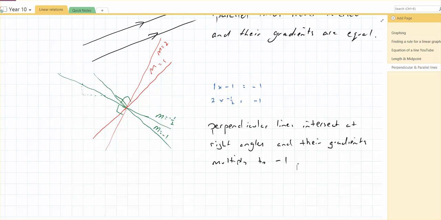Excellent. Another way of looking at that is they are the negative reciprocals of each other, and we're also going to write that down because that's really useful. I.e., that is, they are the negative reciprocals of each other. Let me explain what that is.